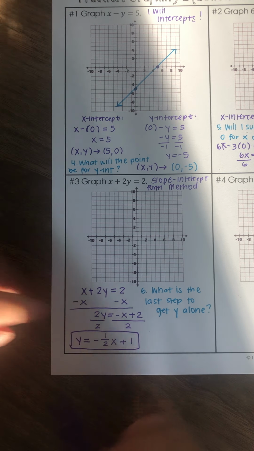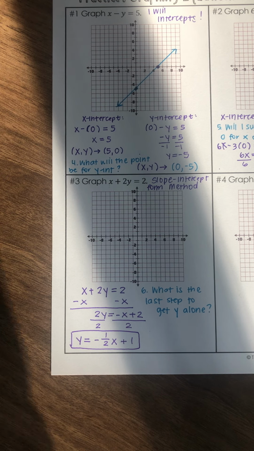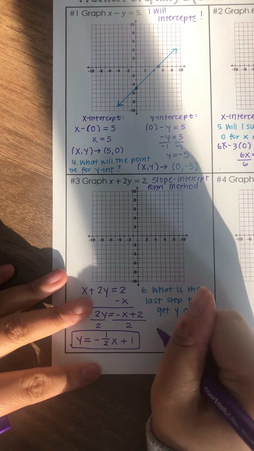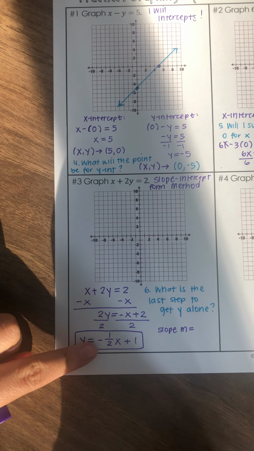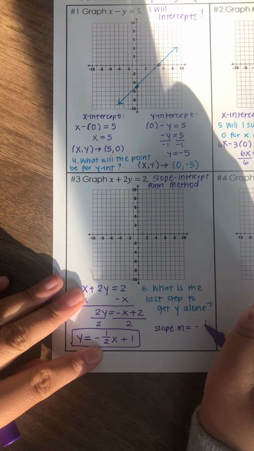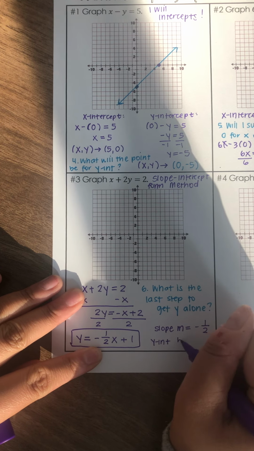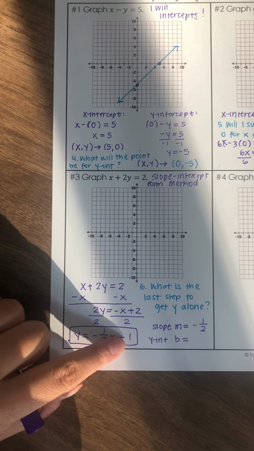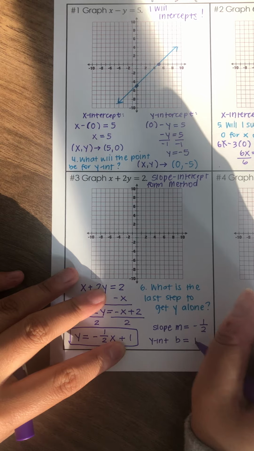And now this is exactly what we've been practicing for the past couple of days, where we can identify then our slope, m, again, is that number directly in front of the x, which is a negative 1/2, and our y-intercept b, again, is that number right here, which is a positive 1.